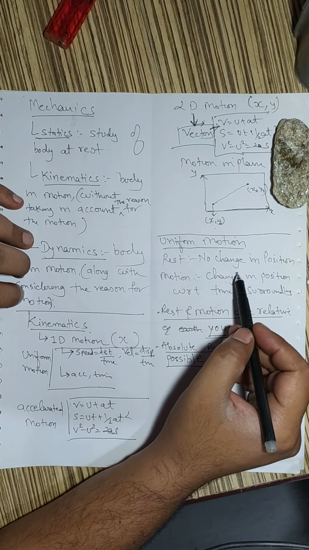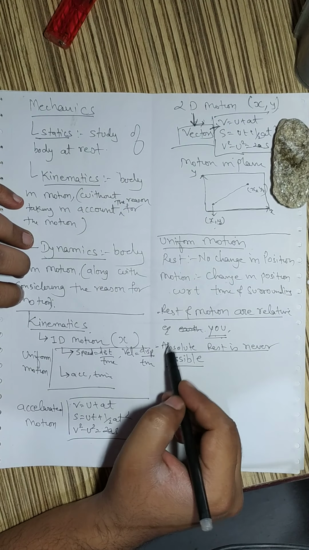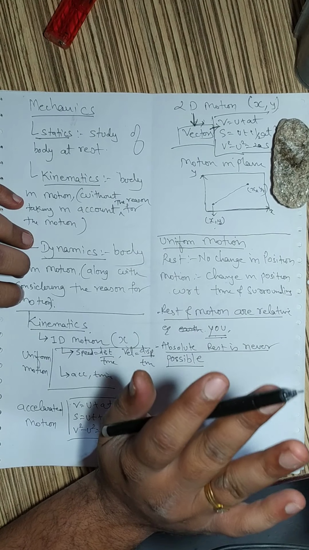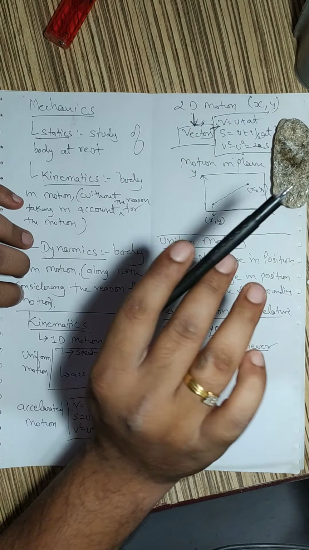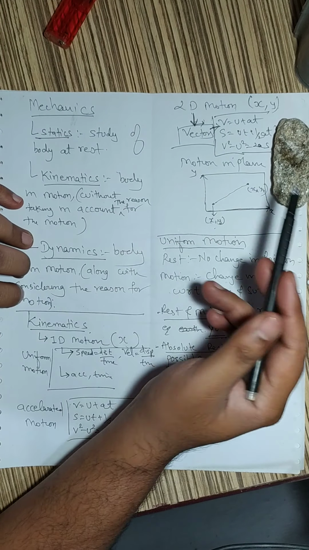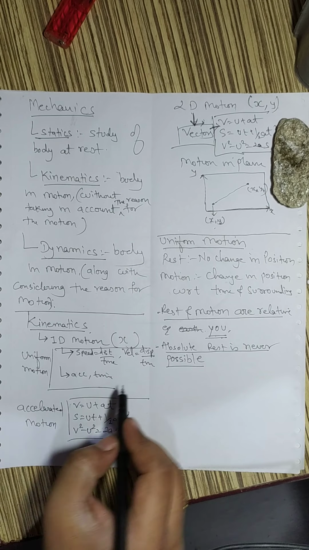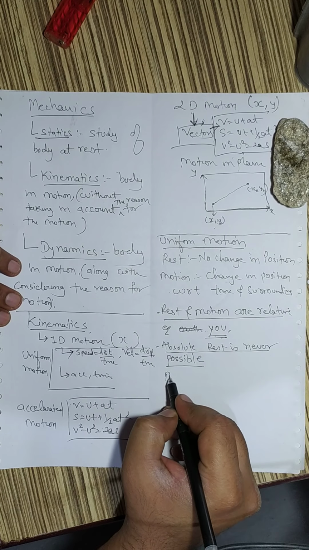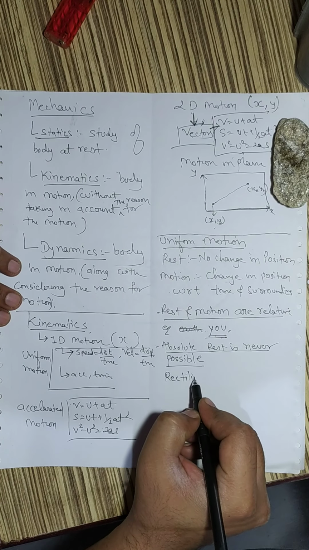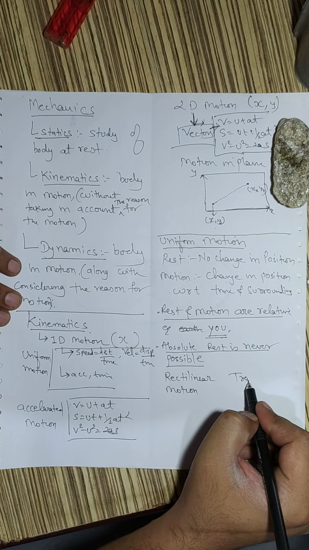So see, I used the words with respect to surroundings. Hence, absolute rest is not possible. I cannot say the stone is at rest. That is a wrong statement. The stone is at rest with respect to time and surroundings is a correct statement. Then next one we have rectilinear motion and translatory motion.